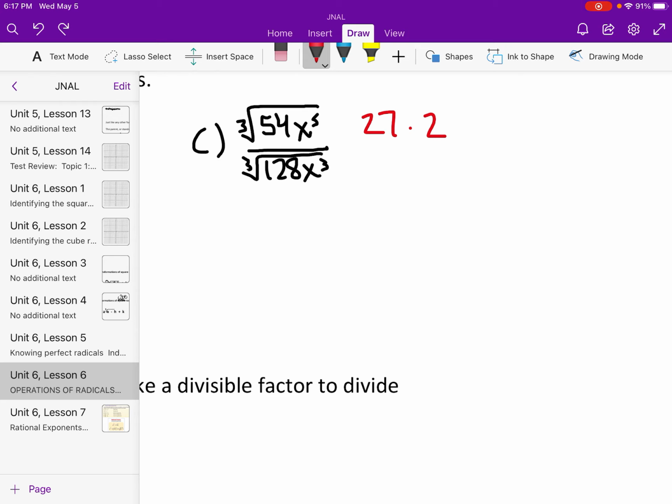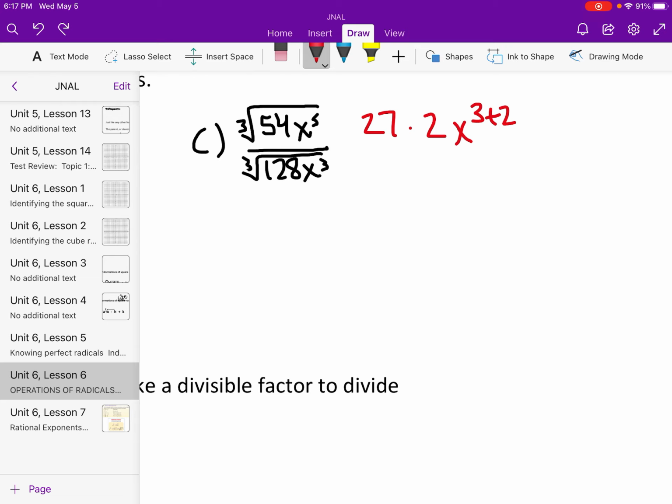So we split the 5 exponent into 3 plus 2.